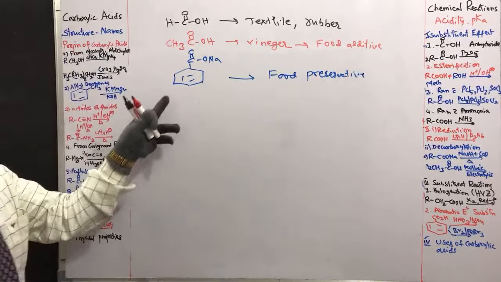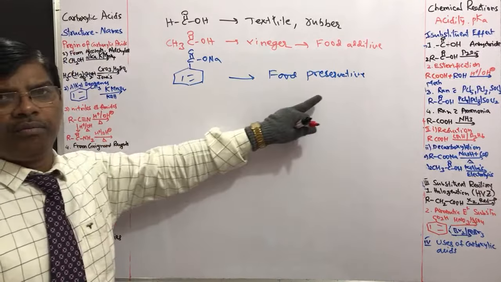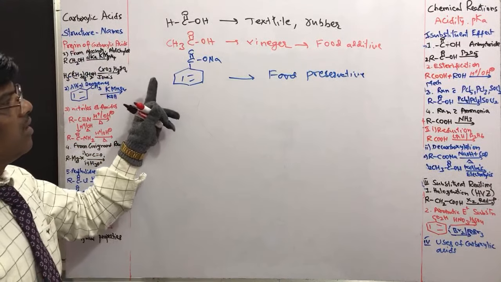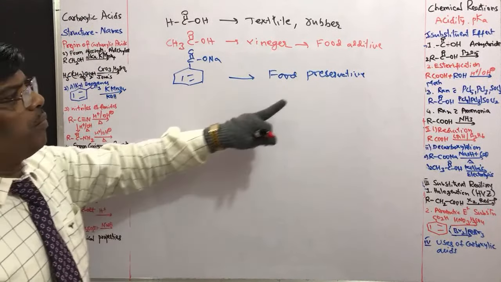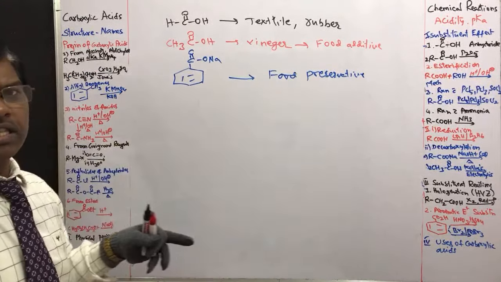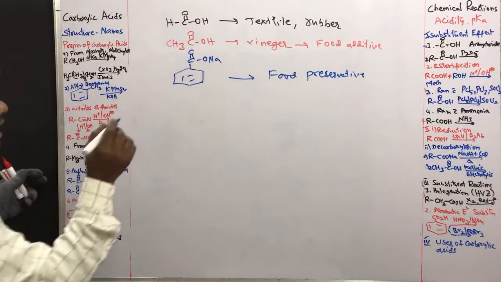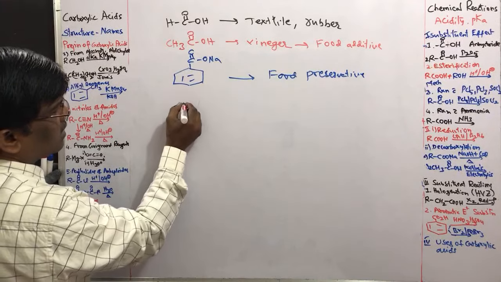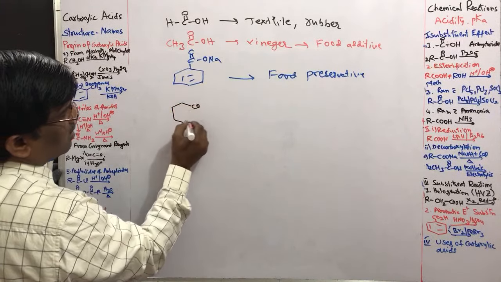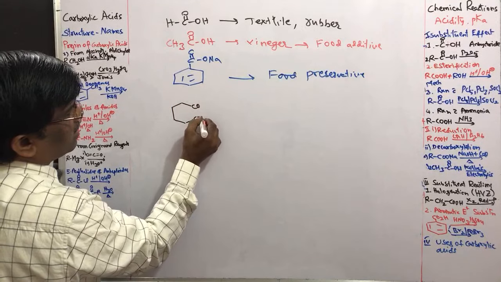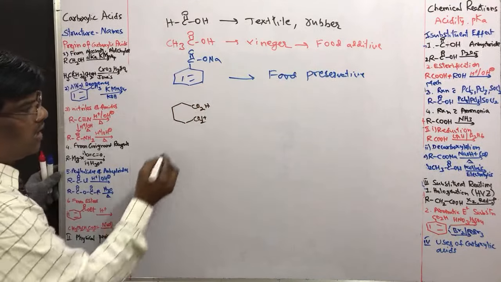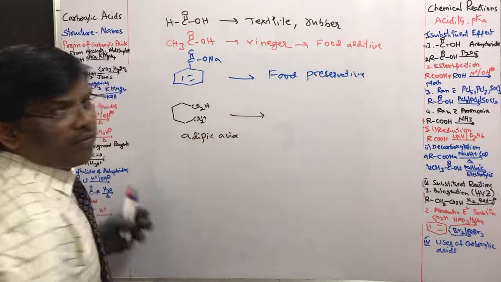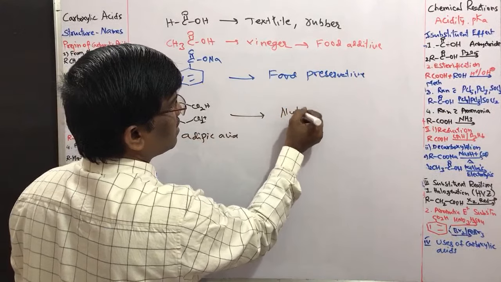You will find this sodium benzoate in some food products as a solid part, or you will get it in a bag of sodium benzoate too, which prevents oxidation. And especially adipic acid, hexanedioic acid, which I explained at the beginning, is useful for the preparation of nylon 66.